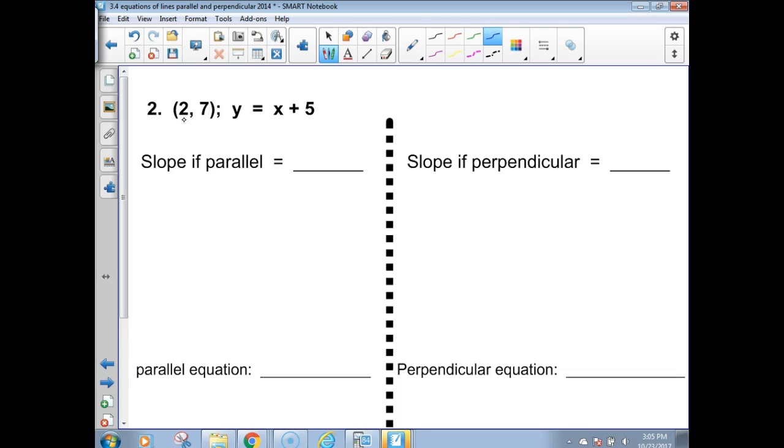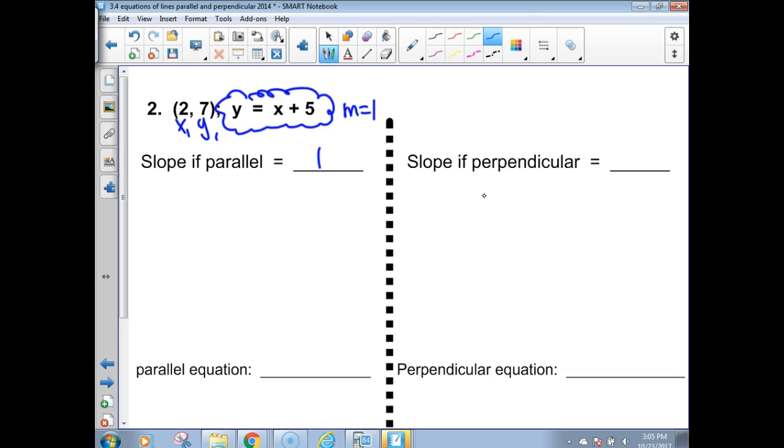All right, so x1 is 2, y1 is 7. This line, y equals, is your original, and it has a slope of 1. So a line parallel will also have a slope of 1.